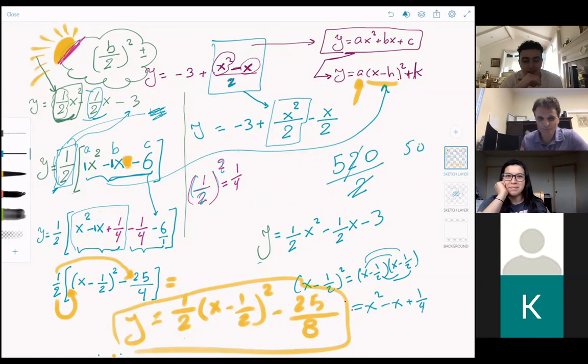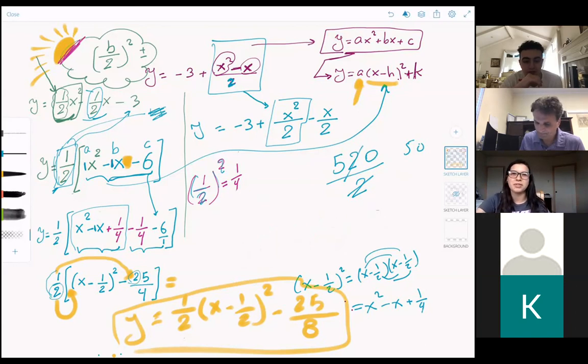Did you cancel this 2 with that 2? Probably because of my handwriting, you thought it's 2 times 5. Oh, so that's 20. Did you think to take the square root of them? No, I was thinking like 1/2 times 25, then 1/2 times 4.